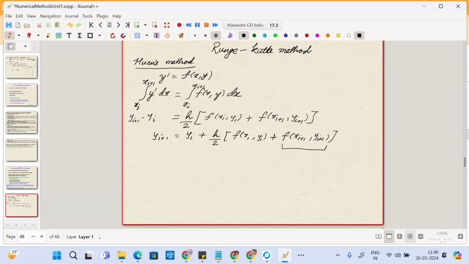Since we don't know the value of yi+1, we can predict it. How can we predict it? Predict yi+1 as something like yi+1 star, and this yi+1 star is the forward Euler, which will look like yi plus h times f(xi, yi), right?